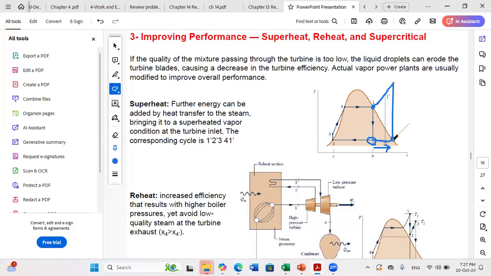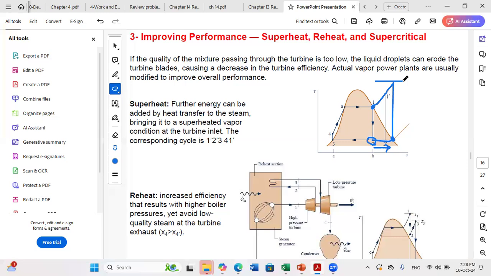But here also we have a challenge, which is the more you do superheating, you have larger and larger temperatures. And you know that there is a limit depending on the material of your turbine. So each material has certain constraints. It can sustain a certain maximum temperature. So depending on the material of the turbine, you are restricted by a certain temperature that you cannot exceed.